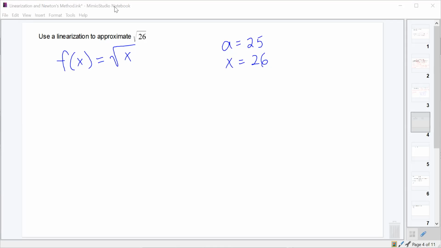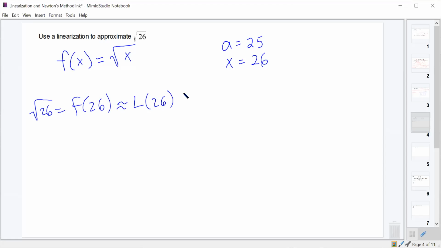Okay, sorry about that. So if we want to find the square root of 26, that's f of 26, right? And f of 26 should approximately be equal to L of 26. And L of 26 should be f of a, so that will be the square root of 25, plus f prime of a.